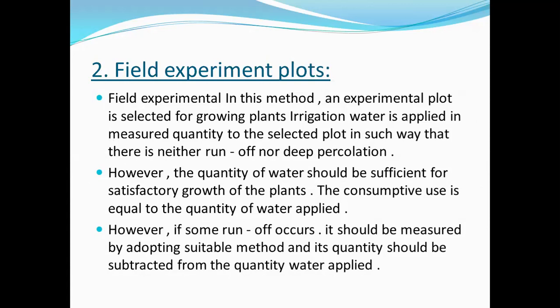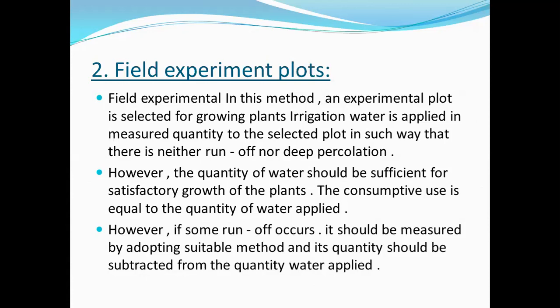So there is a difference between the lysimeter and tank method. And second, we learn about the field experiment plot, which is selected for growing plants. Irrigation water is applied in measured quantity to the selected plots, right? So that there is neither runoff nor deep percolation, whereas the quantity of water should be sufficient for satisfactory growth of the plant.